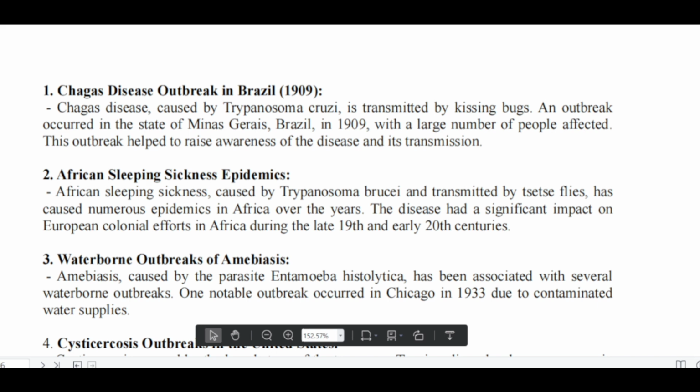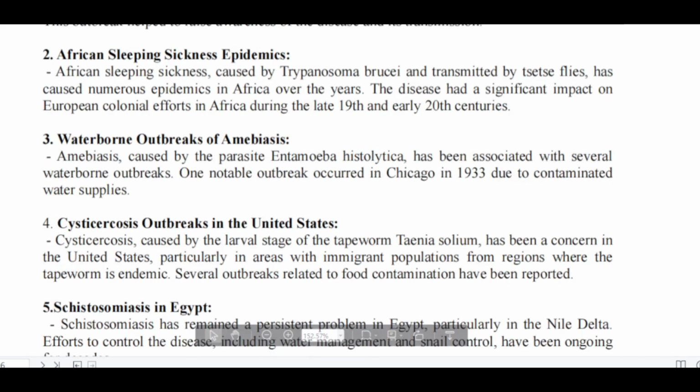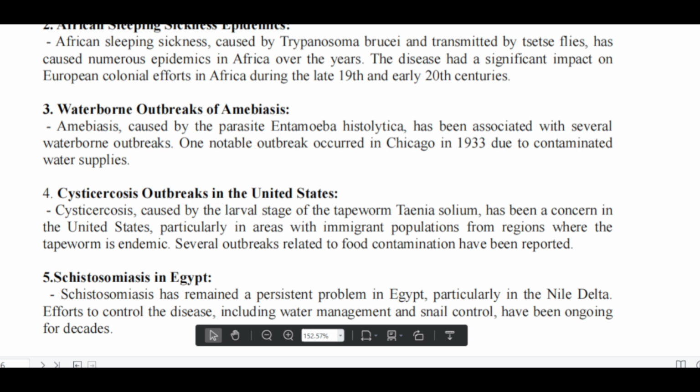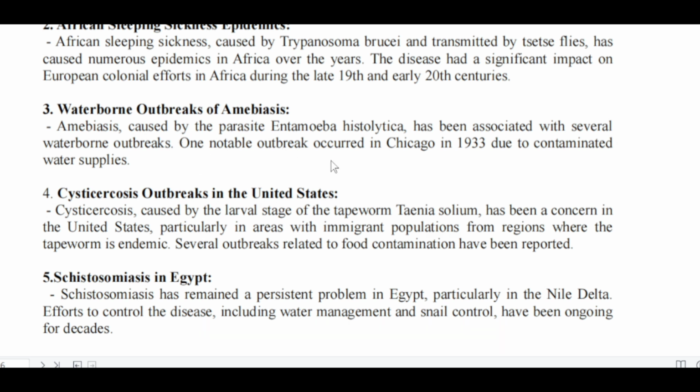And then you have the waterborne outbreak of amoebiasis, caused by the parasite Entamoeba histolytica, which has been associated with several waterborne outbreaks. One notable outbreak occurred in Chicago in 1933 due to contaminated water supplies. During that time, there were so many casualties also.